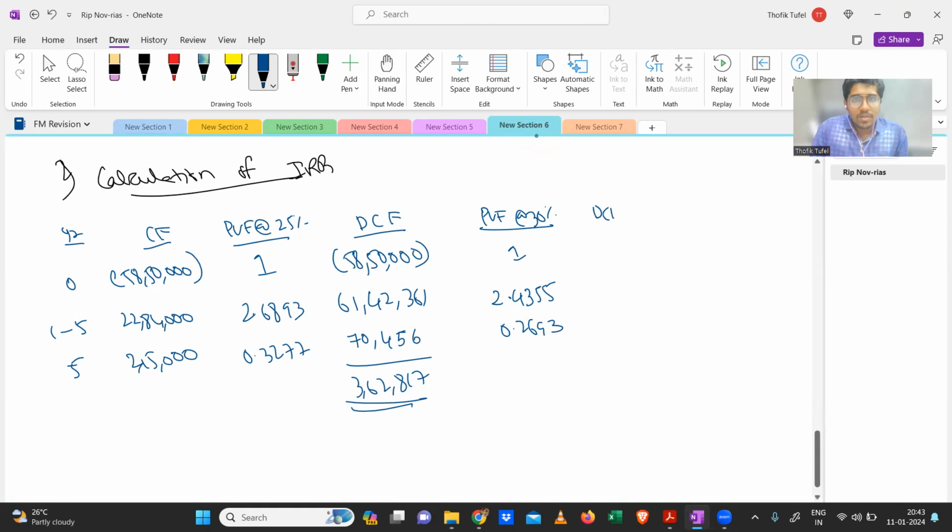So again, discounted cash flow. I think this will also be positive. Just assume. So 2.4355 into 22 lakh 84,000 is 55 lakh 62,682. Then 0.2693 into 2 lakh 15,000.